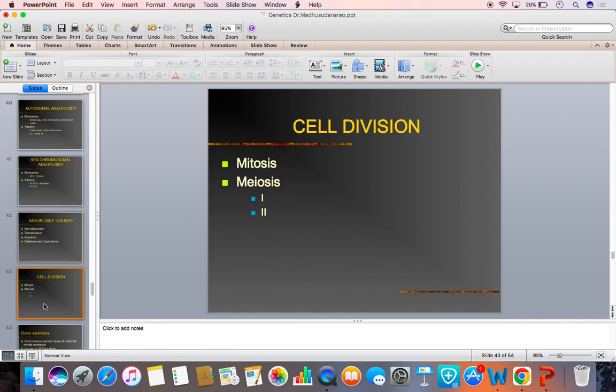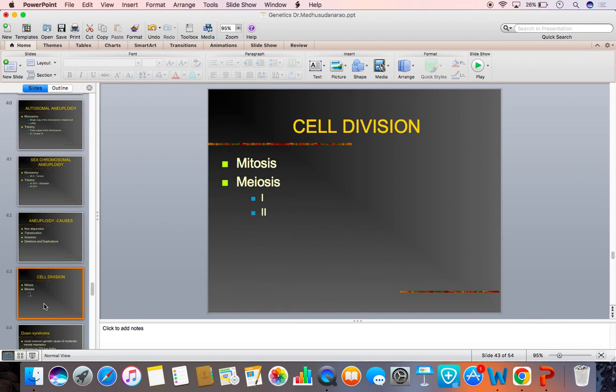Coming to the cell division, mitosis, meiosis. Mitosis is the cell division with the daughter cells receiving the equal number of chromosomes. Meiosis is again divided into meiosis 1 and meiosis 2.